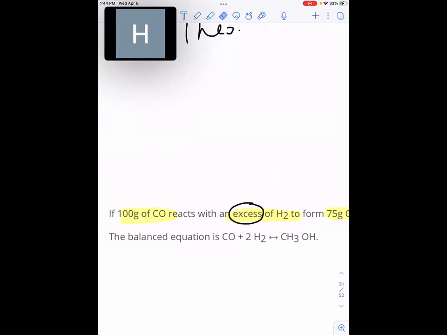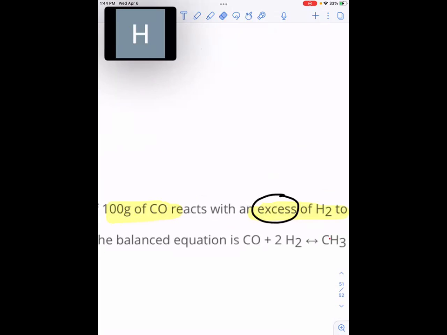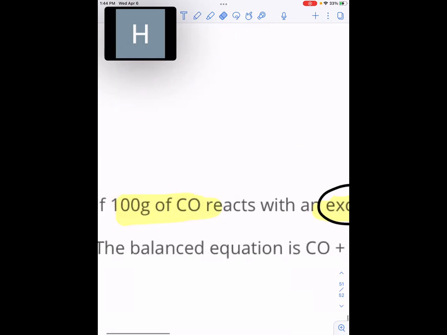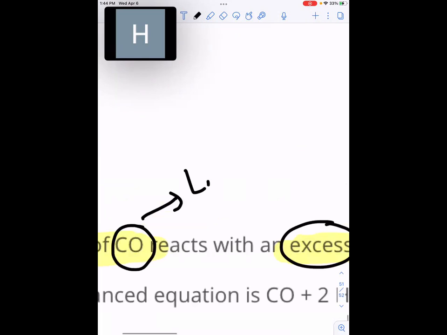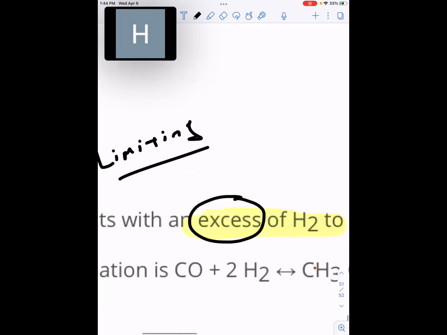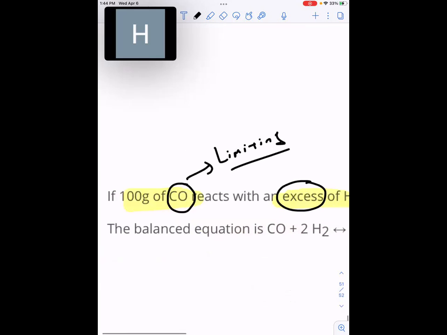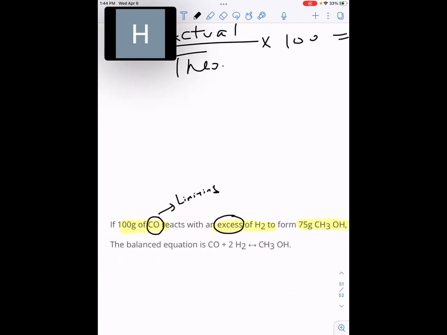It means that the other one is the limiting agent, limiting reagent. If this is excess, the other one by default is limiting. And since the problem tells us that H2 is in excess, that means that our theoretical yield and everything is going to be based on CO.